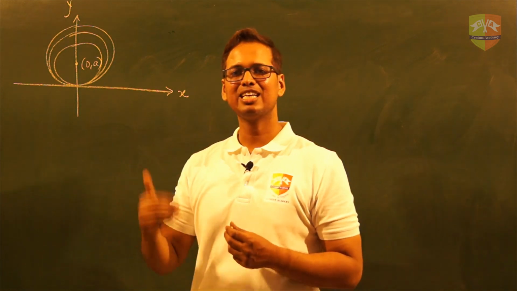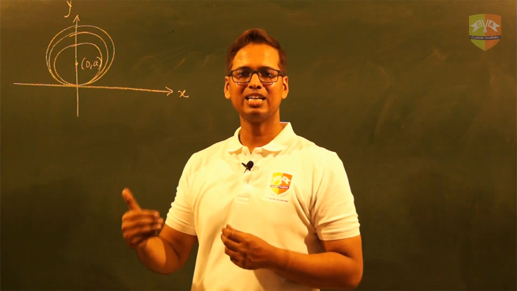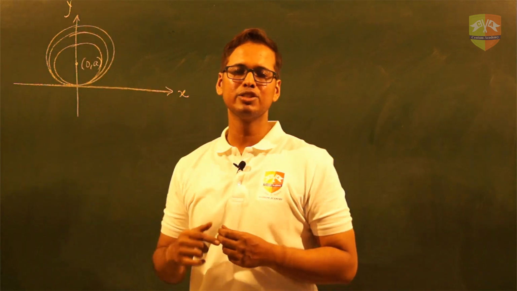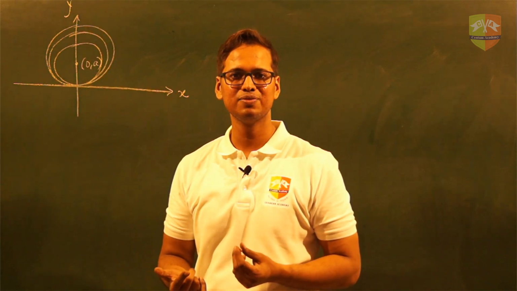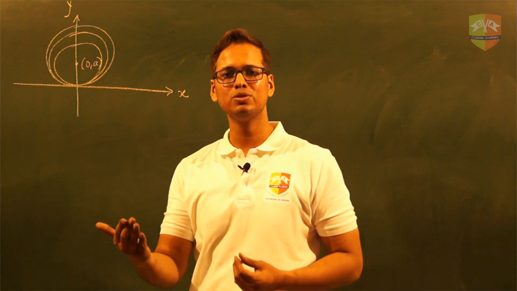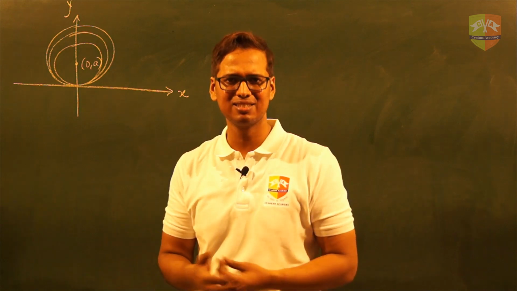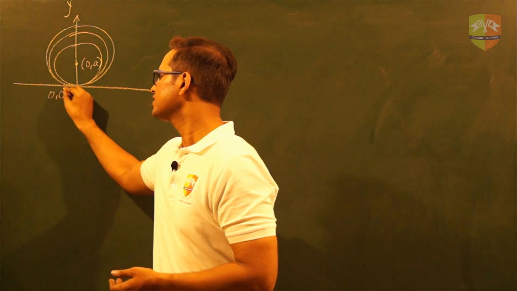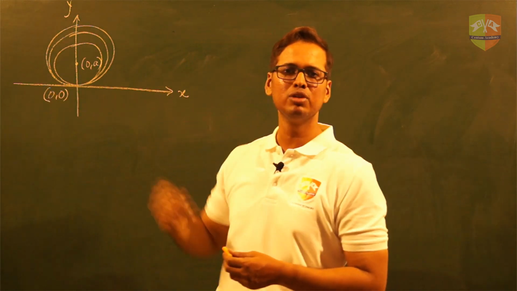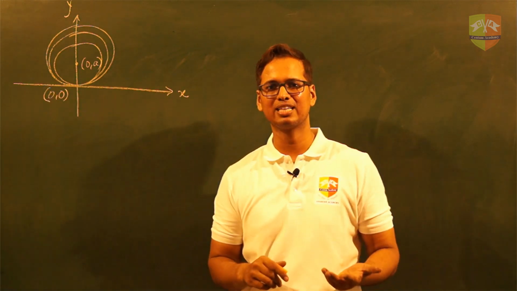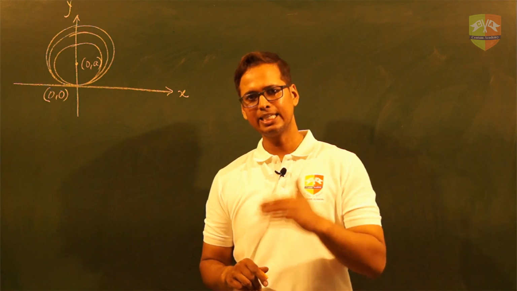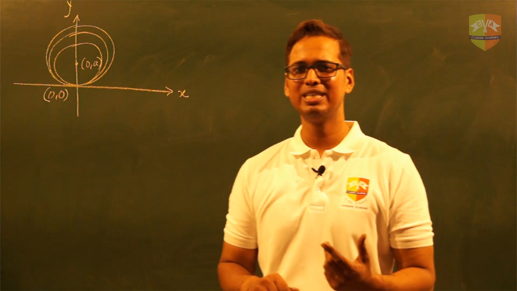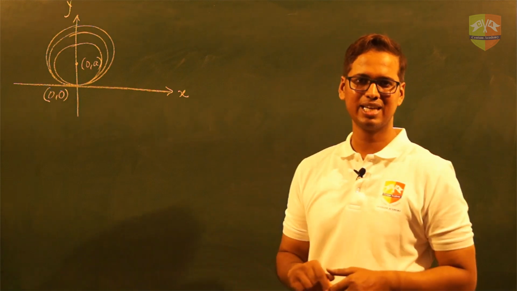Obviously, when it is touching the x-axis at origin, that means a line perpendicular from the origin should pass through the center of the circle, and any line perpendicular to the x-axis has to be the y-axis, right? And it is passing through the origin. So any line which is passing through the origin and perpendicular to the x-axis has to be the y-axis. So in other words, the center of the circle lies on the y-axis.